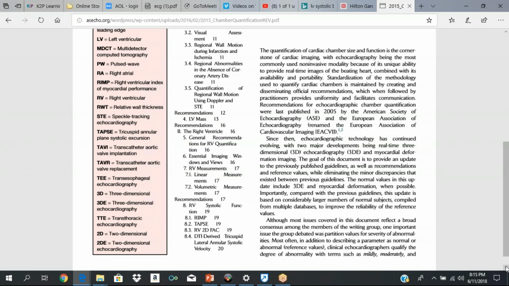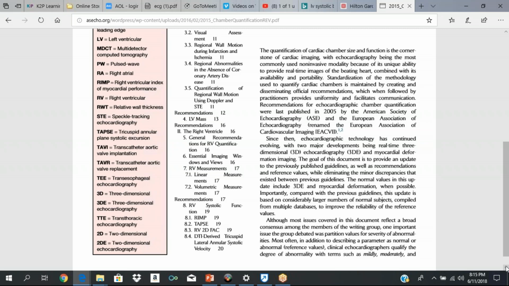Since then, echocardiography technology has continued evolving, with two major developments being real-time 3D echo. In '05, we did not have 3D echo. And we also have myocardial deformation imaging, which is strain and strain rate.